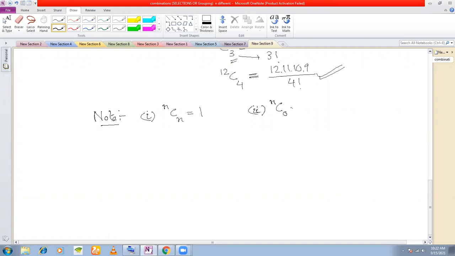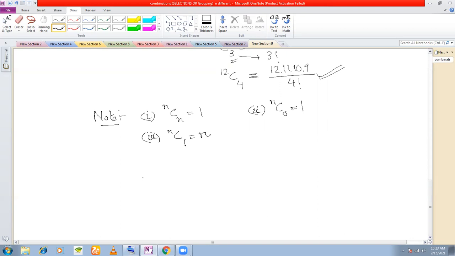NC0 is also one. Why? Because in a class, if I have n students and I don't want to select anyone, in how many ways can I do it? I can only do it in one way, by saying I will not select anyone, right? So NC0 is also 1. And you can also remember that NC1 will be n.